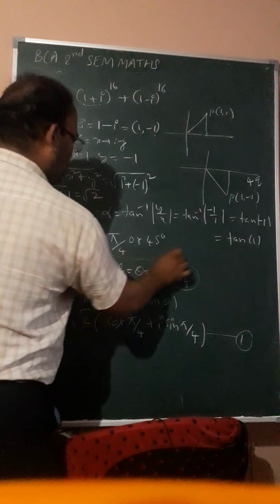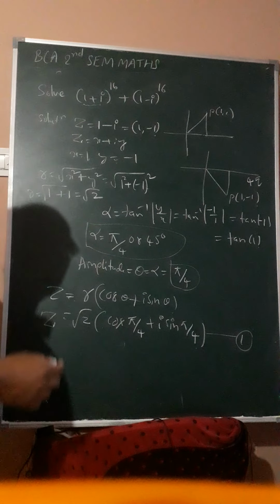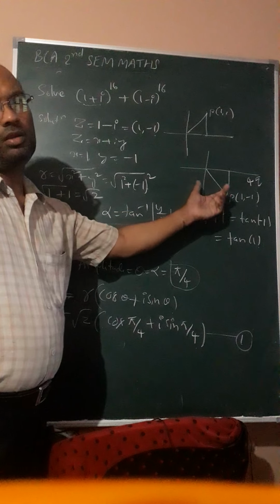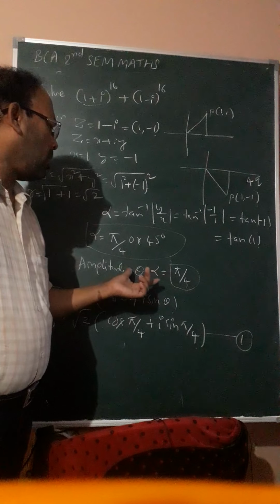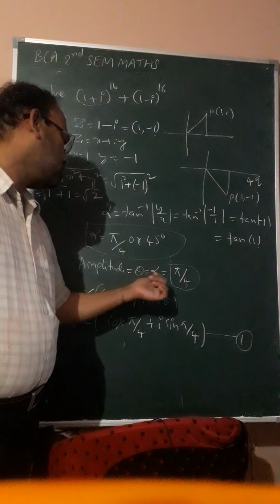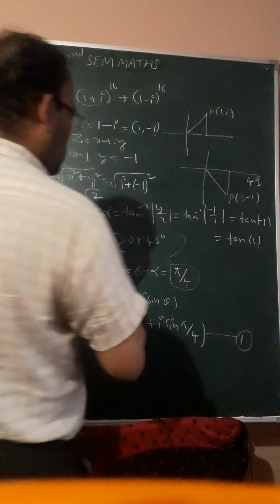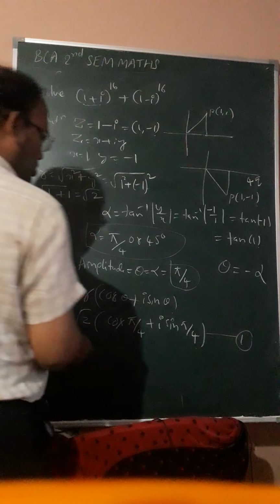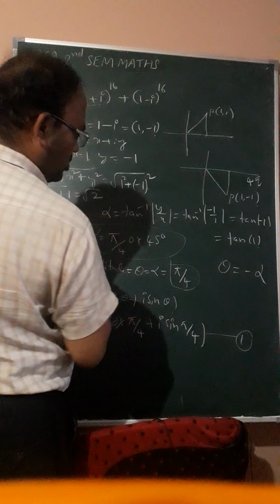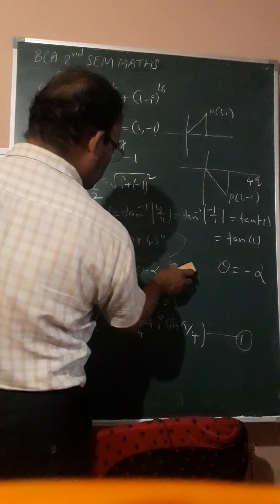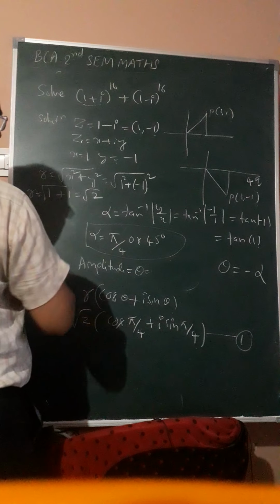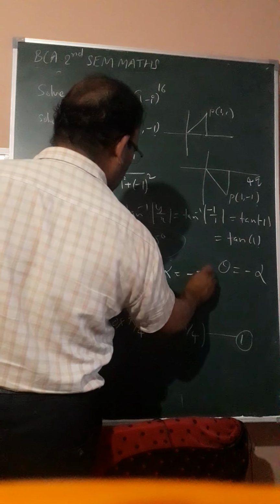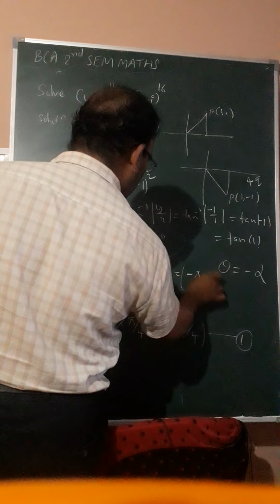Alpha is 45 degrees only, and the complex number is in the fourth quadrant. In the fourth quadrant, what is theta? Theta is equal to minus alpha, so it is minus pi by 4.